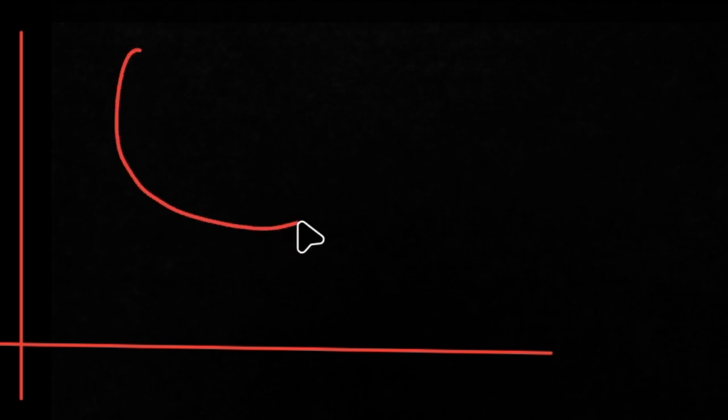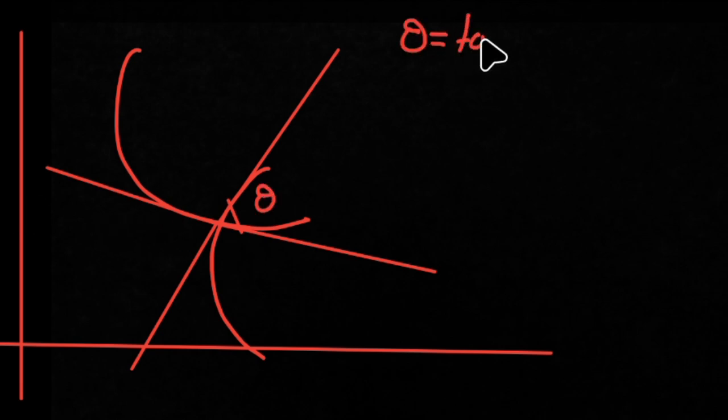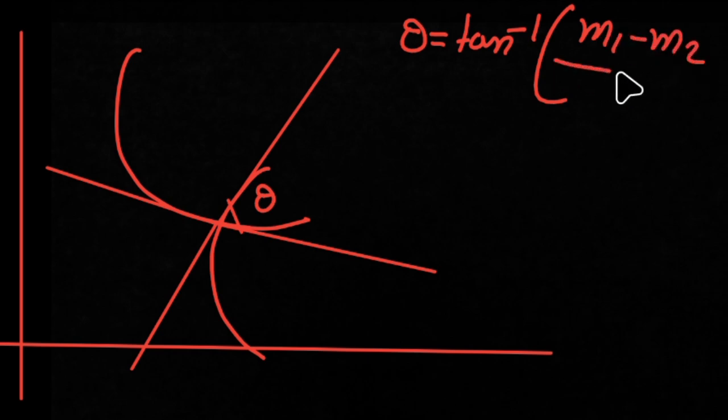Angle between two curves. The angle between two curves means the angle between the tangents formed at the point of intersection of the two curves. It is theta, where theta is equal to tan inverse of m1 minus m2 by 1 plus m1 into m2.